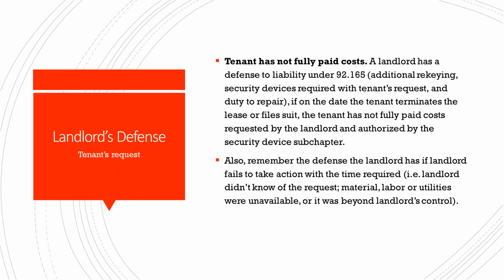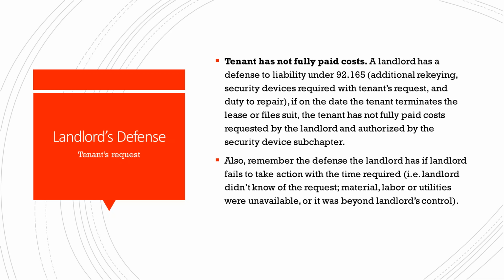What about a defense when the landlord has failed to comply with the tenant's request? Well, there's a similar defense that the tenant has not fully paid costs. A landlord has a defense to liability under this section, 92.165, which deals with additional routine security devices required without a tenant's request and duty to repair, if on the date the tenant terminates the lease or files suit, they have not fully paid costs required or requested by the landlord.